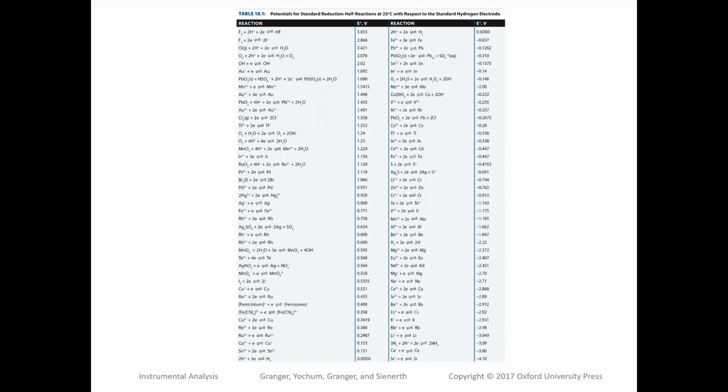I can barely read it. But this is not all of, but this is the table of standard reduction potentials. And this is, remember, again, I don't know if you can see this.